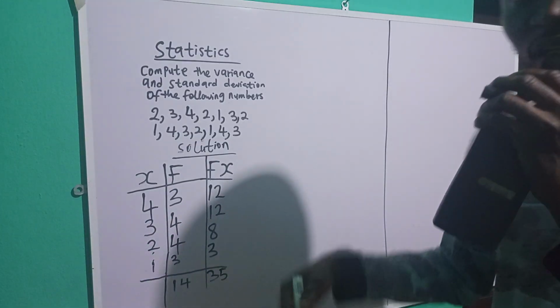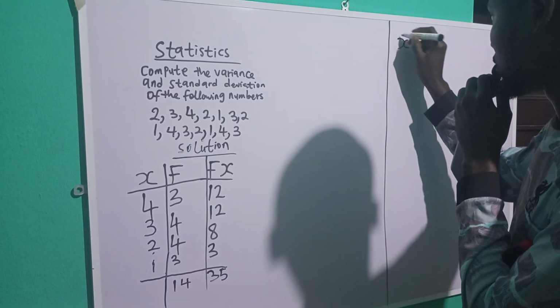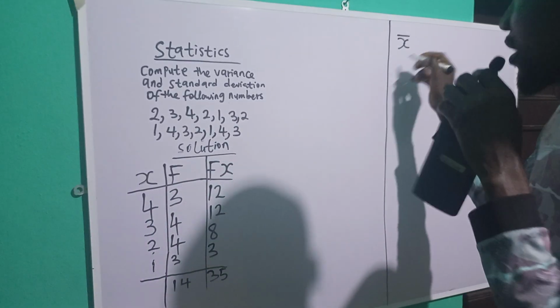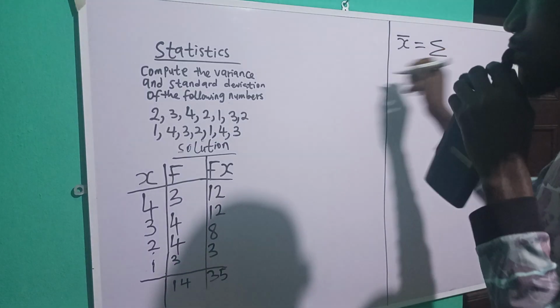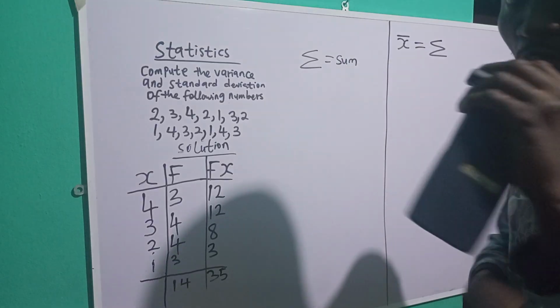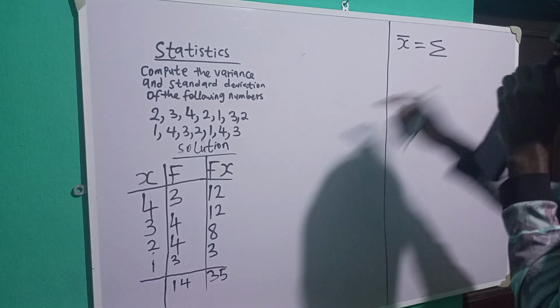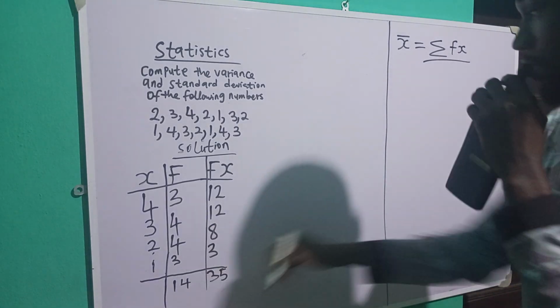So the next thing I'm going to do is to find the mean. Mean is represented with X bar. Anytime you see X bar, it's talking about mean. And the formula for finding mean: please, this symbol means sum, total. So the formula for finding mean is sum of fx divided by sum of f.